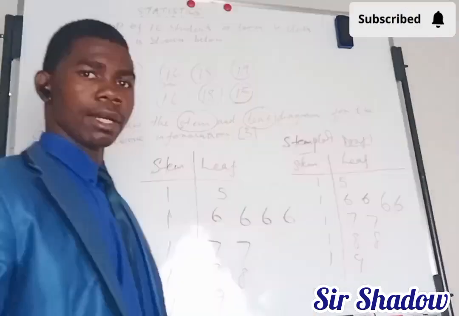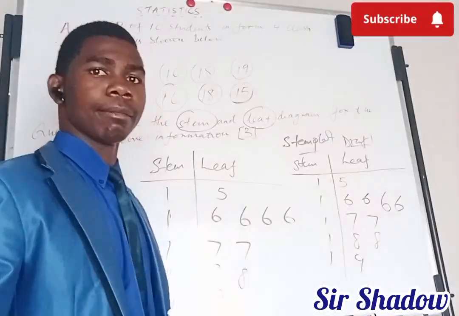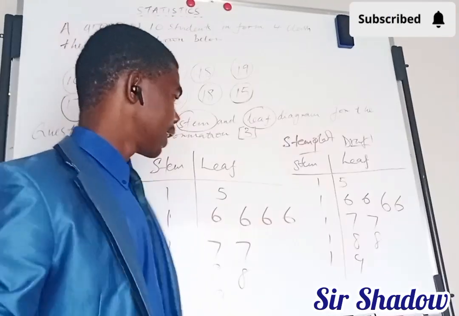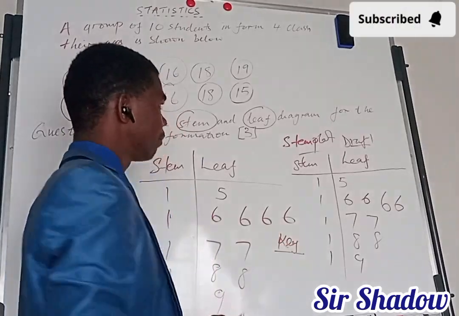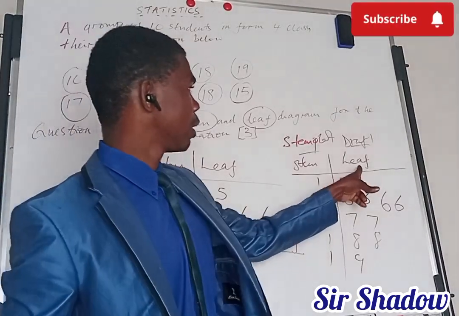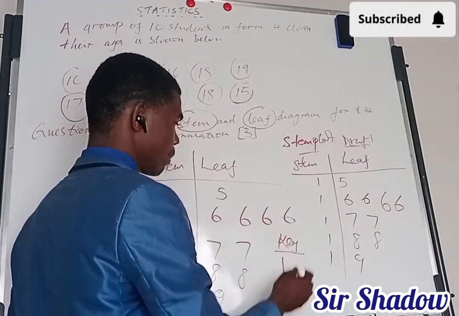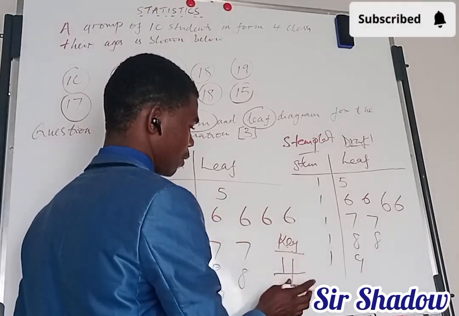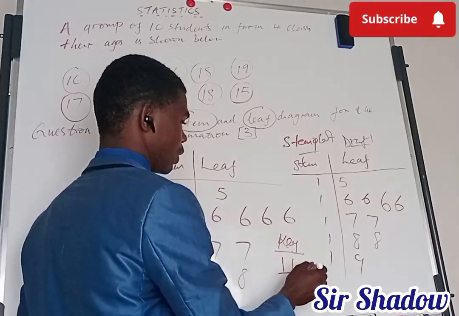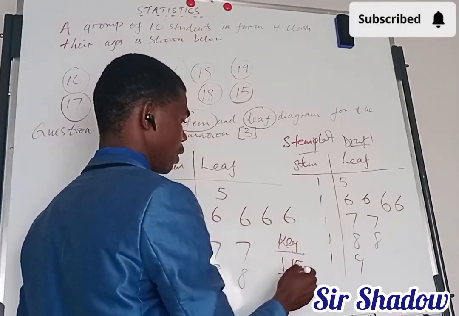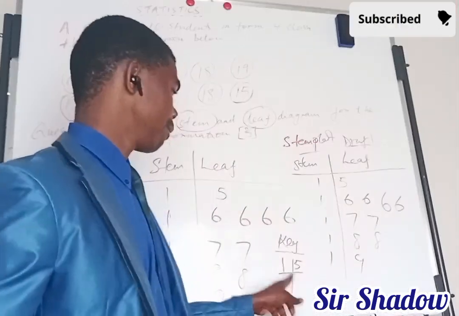Then the last step, after completing the stem and leaf diagram or the stem plot, you have to write the key. For the key, it says stem and leaf, for stem side and for leaf side, you have 1, 5.